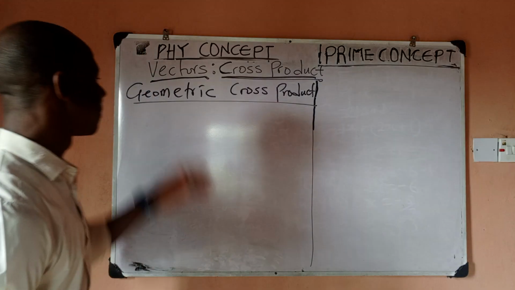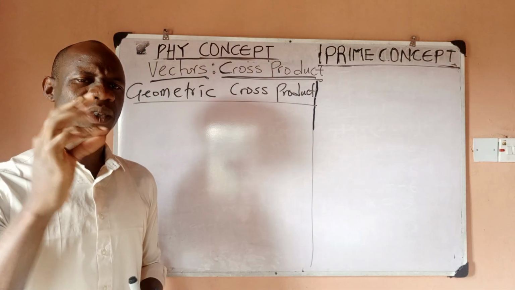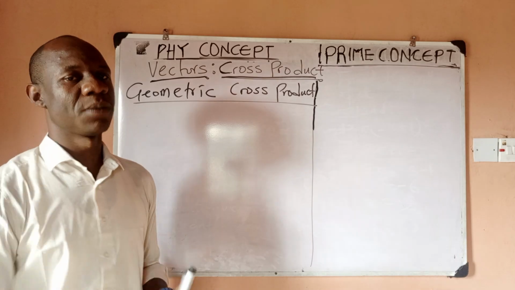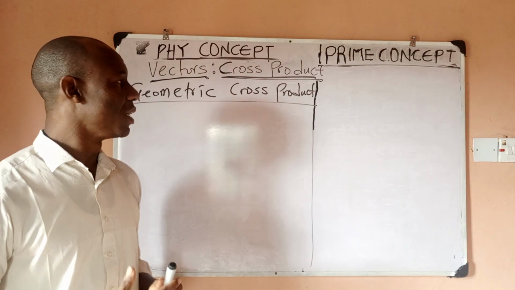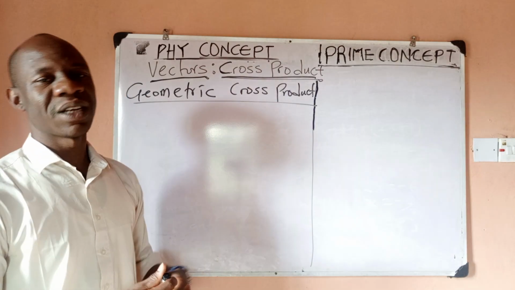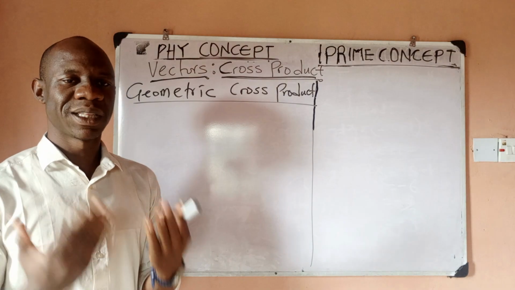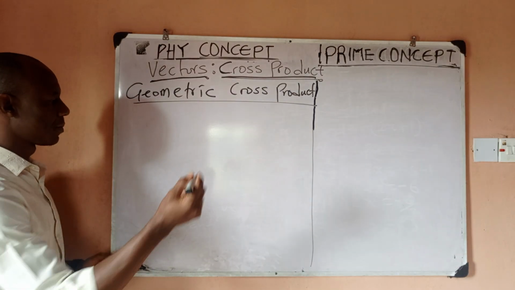Now, very quickly, whenever you talk about geometry, remember geometry talks about angle measurement. So when you say geometric cross product, it means that we can use this cross product to find or deduce the angle between two vectors. So we want to see how we can do this.